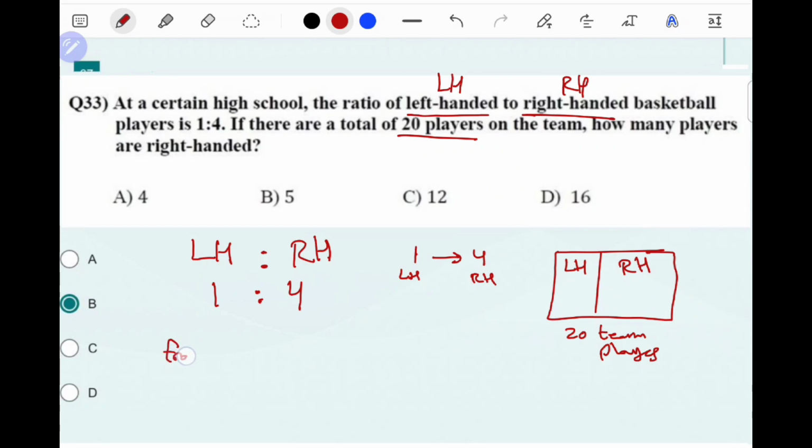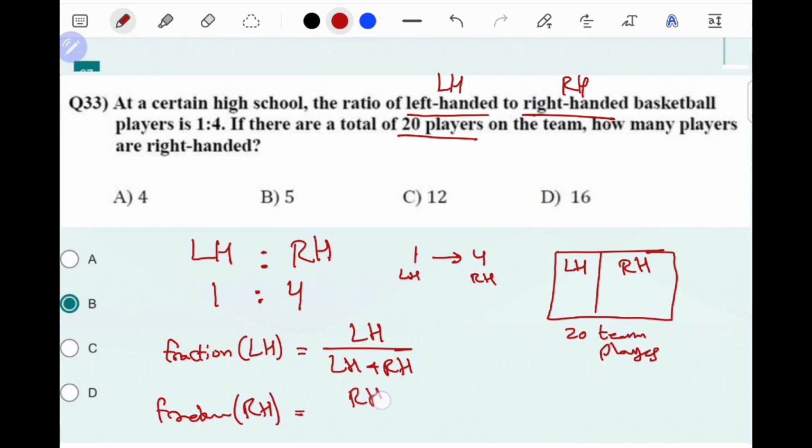The fraction of the left-handed players is just LH divided by LH plus RH, and the fraction of the right-handed players is just RH over LH plus RH. So here we have 1 over 1 plus 4, which is 1/5, and here is 4 over 1 plus 4, which is 4 over 5.